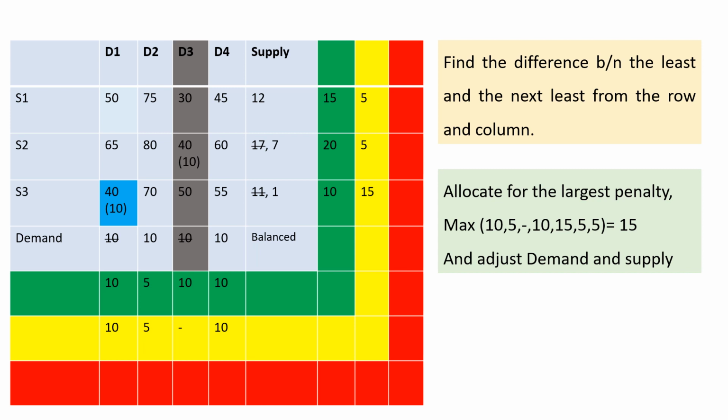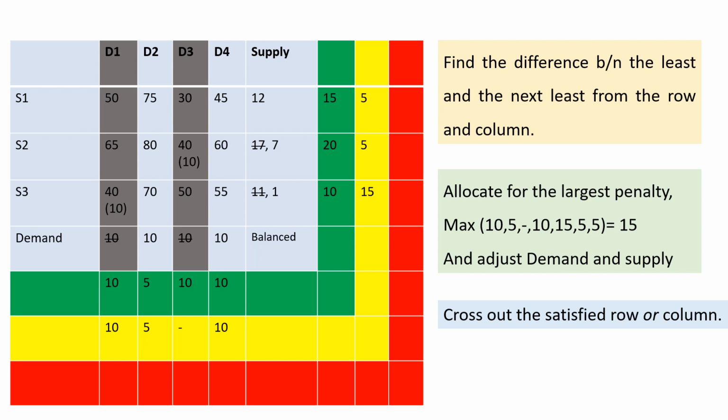So the next task is to cancel out this column because it's already assigned. So we have to highlight. And now the next step is to repeat the steps for the remaining cells. We have 2 columns, D2 and D4.